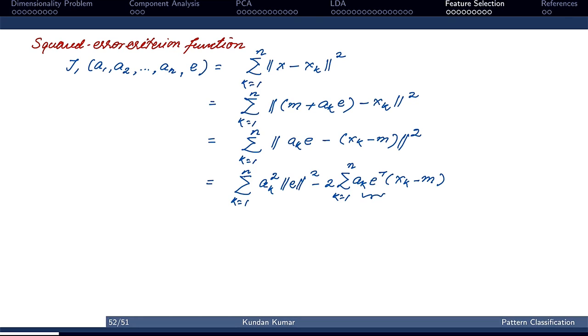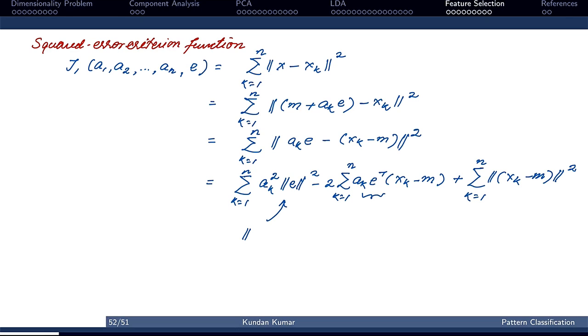The cost is a scalar quantity. That is why it is e transpose times (xk minus m). Then the next term will be, here you can recognize that e is the unit vector.